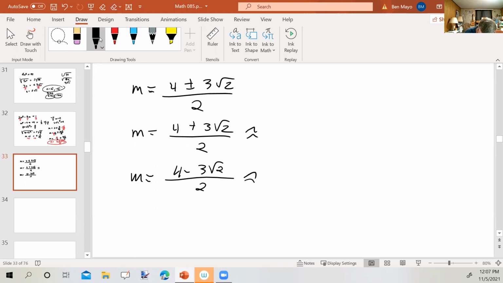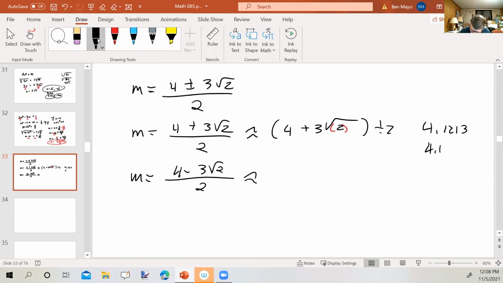And then let's go to the calculator. So, parentheses, 4 plus 3 square roots of 2. Close up the whole thing, divided by 2, and I'm getting 4.1213.